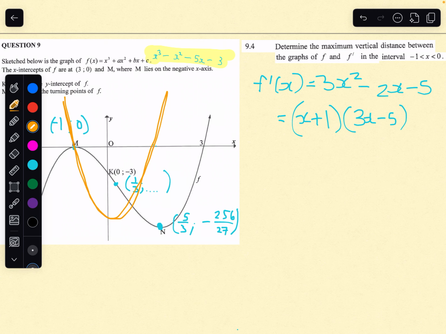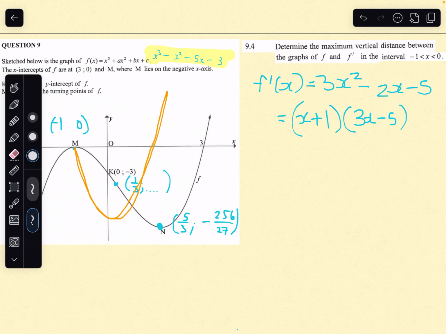Okay, and we are only interested in the graphs between -1 and 0. So I'm even just going to erase the parts of the parabola that I don't care about. And I'm erasing other information in the process, my goodness. Well, we don't even really need that at this point.